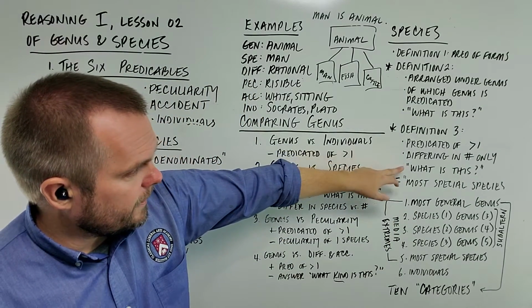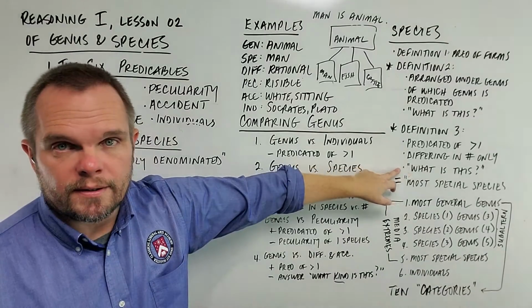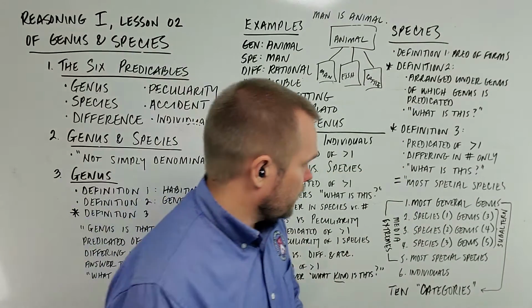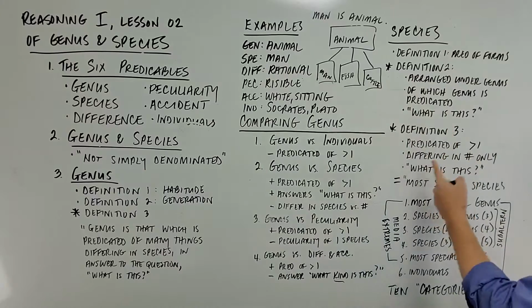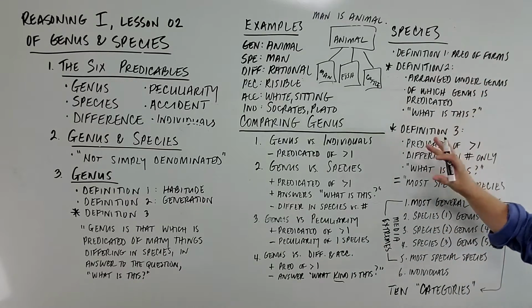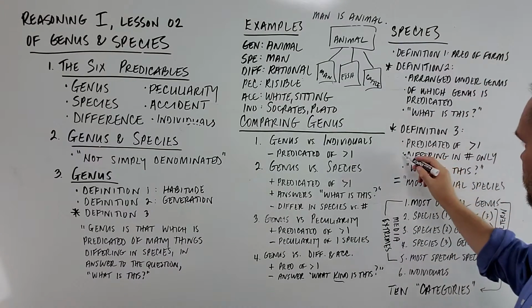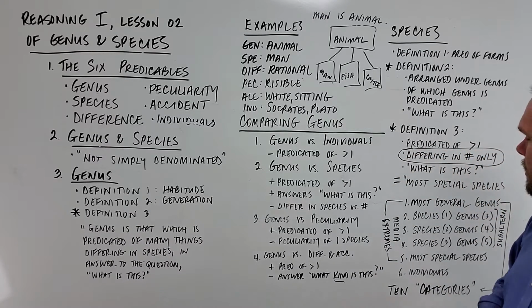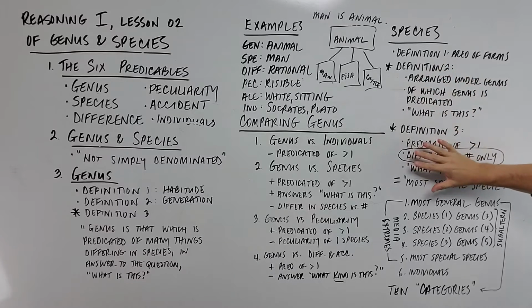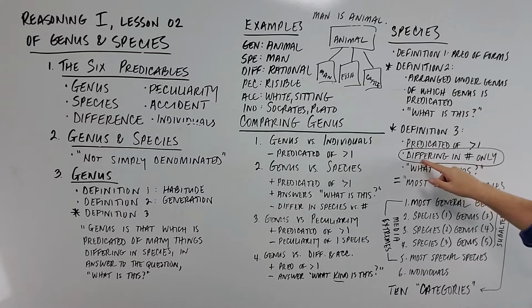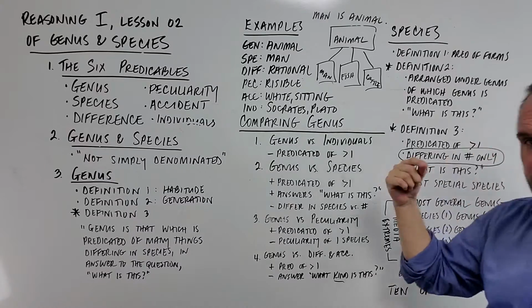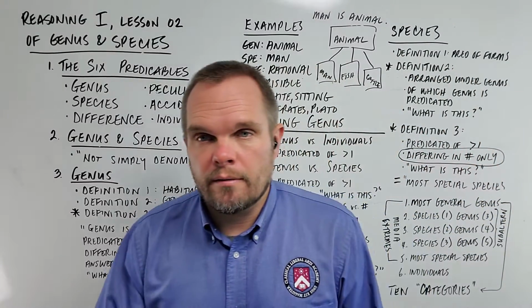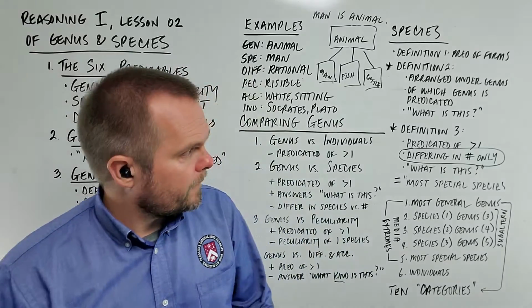Differing in number only, the answer to the question, what is this? We know that's good. So we see the difference between these two. They're both very similar, but the key is differing in number only. So definition 2 really is the same as definition 3, except definition 3 adds one more detail that makes it different from definition 2.